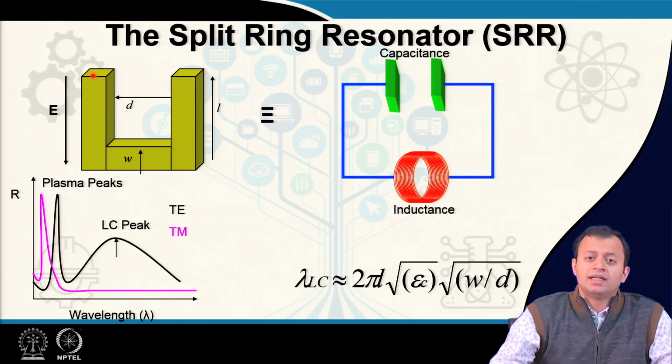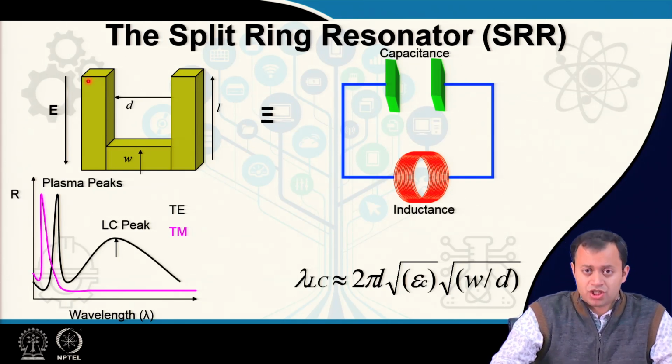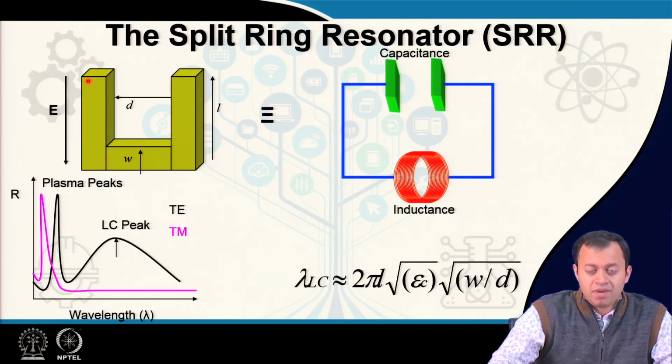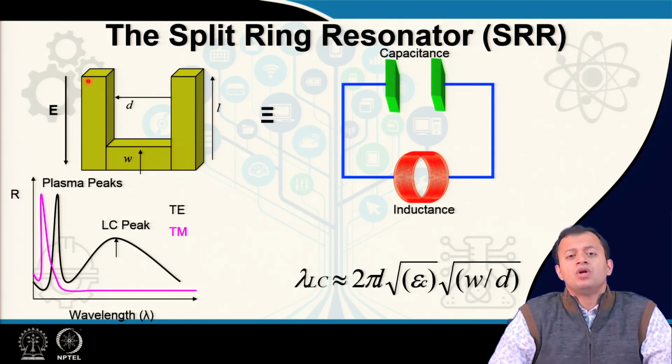You know that the dielectric constant epsilon r is quite significantly different from epsilon naught in most materials, but mu r, the permeability, is either the same or very similar to the permeability of free space.